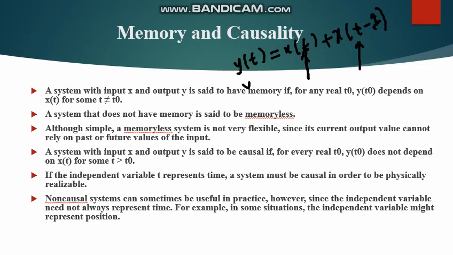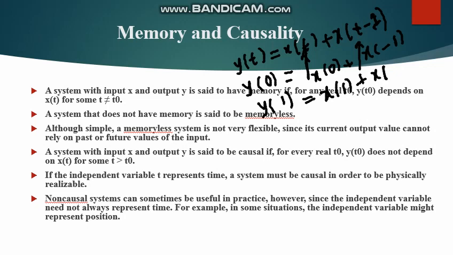If you put t equal to 0, that will be x(0) plus x(minus 1). Now put t equal to 1 here, what do you get? x(1) plus x(0).